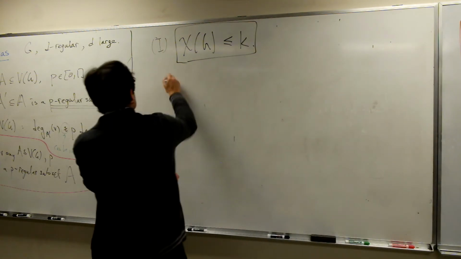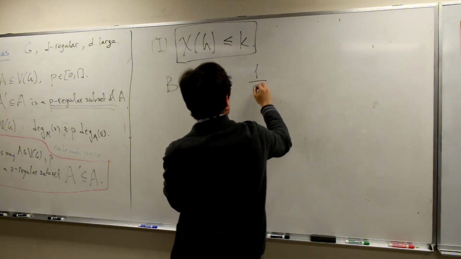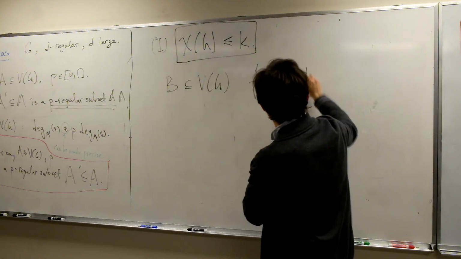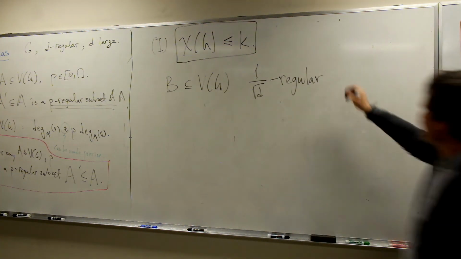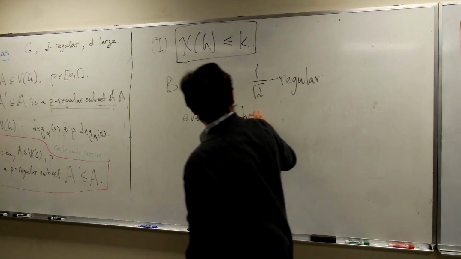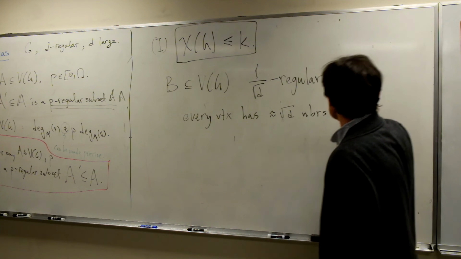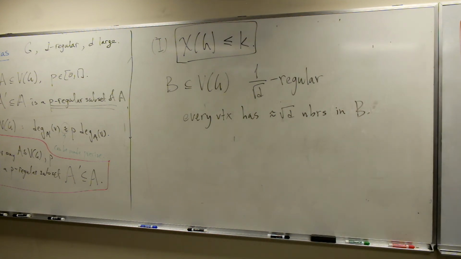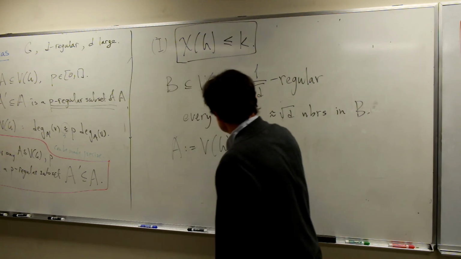Let B be a 1 over root D regular subset of the whole vertex set, which means that every vertex has about root D neighbors in B, because my graph was D-regular. And let's say A is the rest, so the vertices minus B.